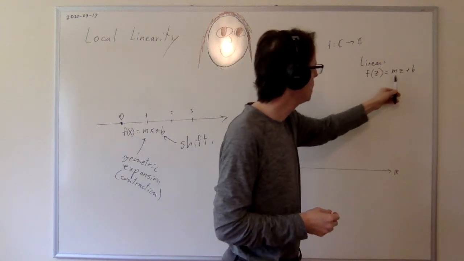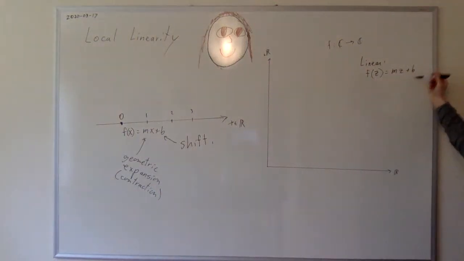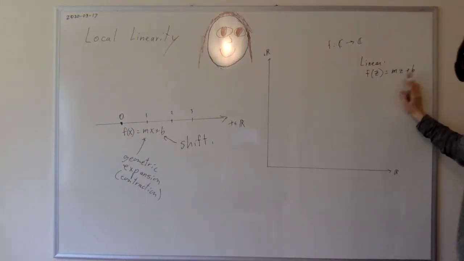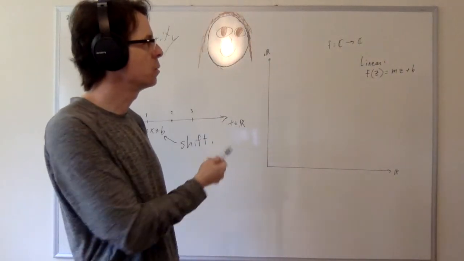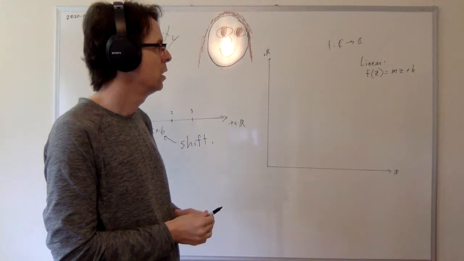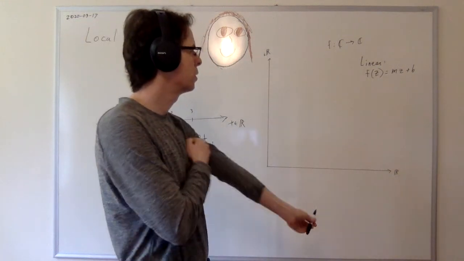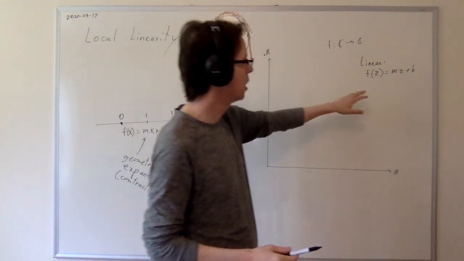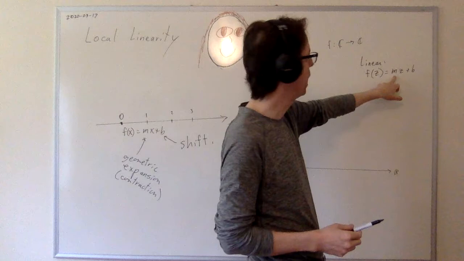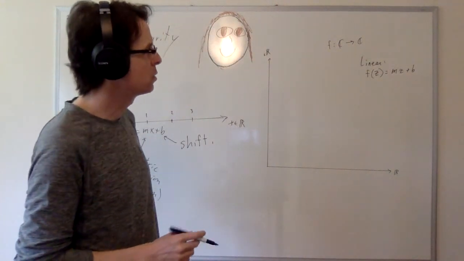Here I'm using m and b as the slope and intercept, I suppose, of the complex function, but we need to understand here that m and b might be not only positive or negative numbers, they may be complex numbers themselves. So in order to understand the geometry of a linear function from C to C, we just need to understand the geometry of these 2 parts, the multiplication by m and the addition of b. Well, neither one of those is particularly hard.